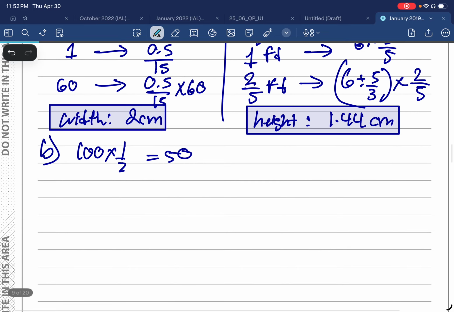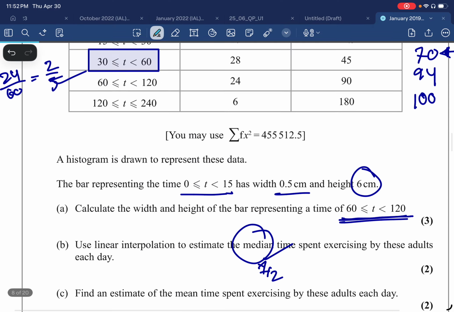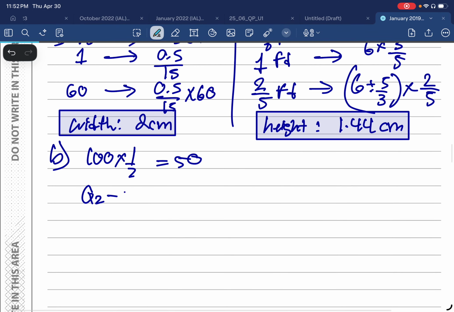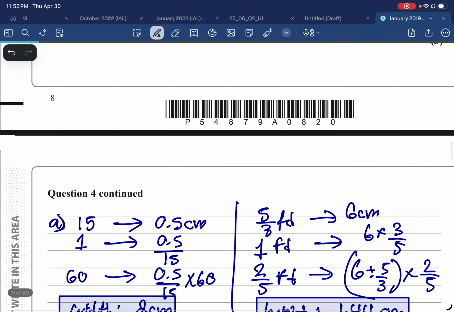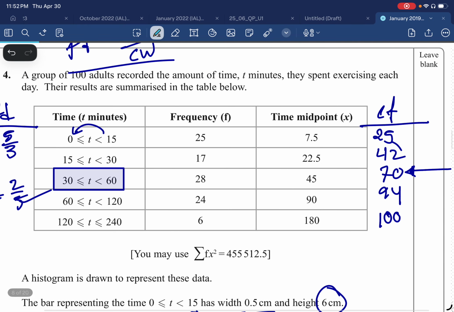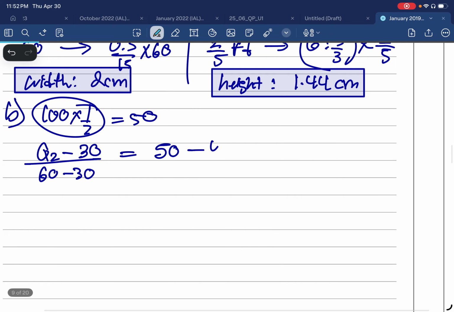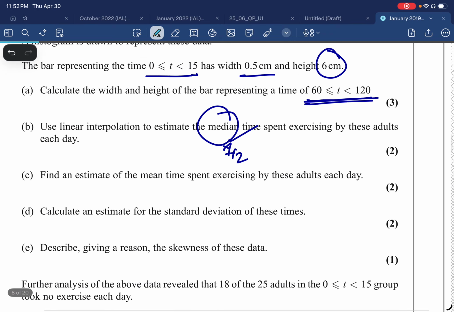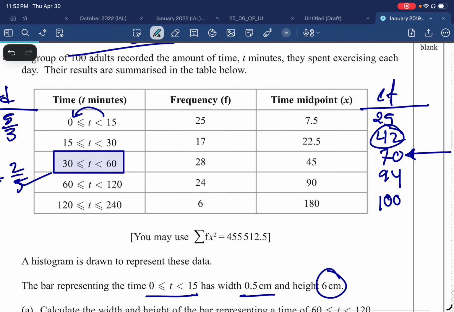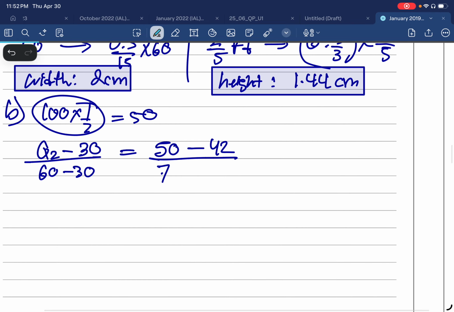This is how the formula goes. Q2 take away the lower bound, divided by the upper bound minus the lower bound, is equal to the thing we just got, 50 minus the previous cumulative frequency, divided by the current cumulative frequency minus the previous, 70 minus 42.